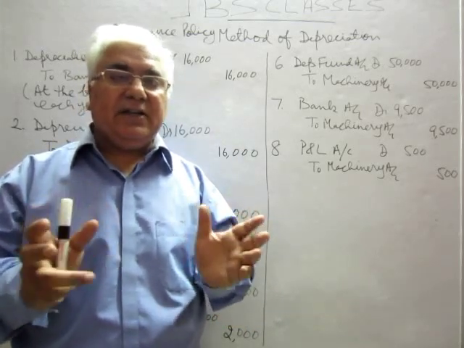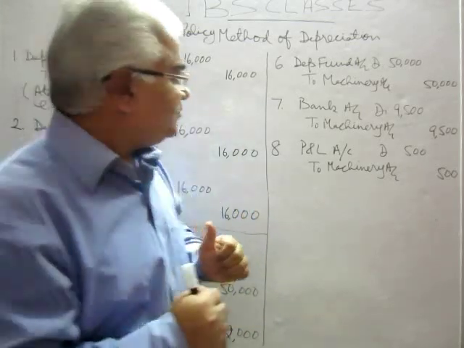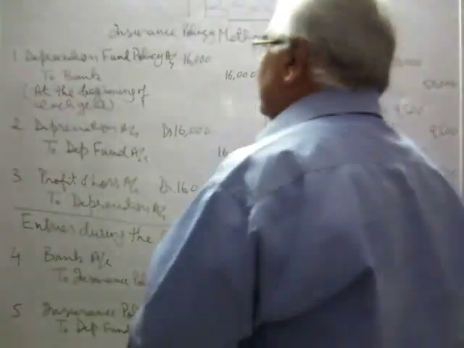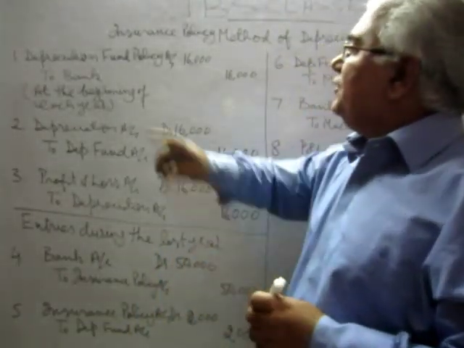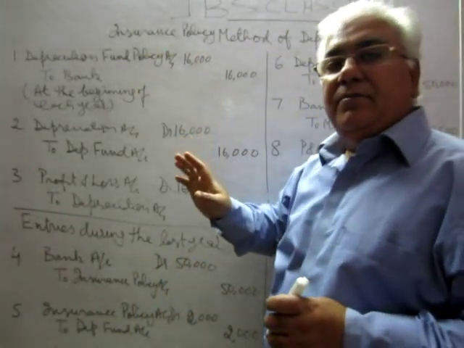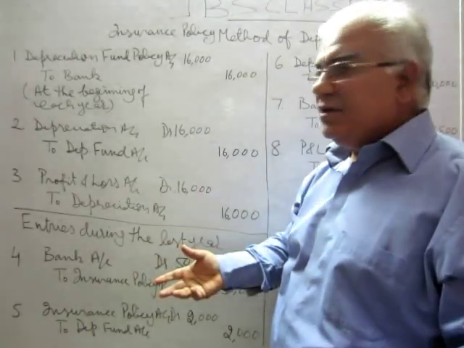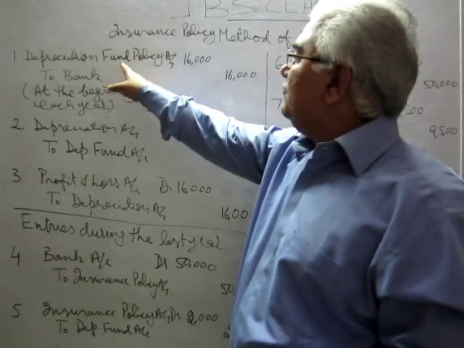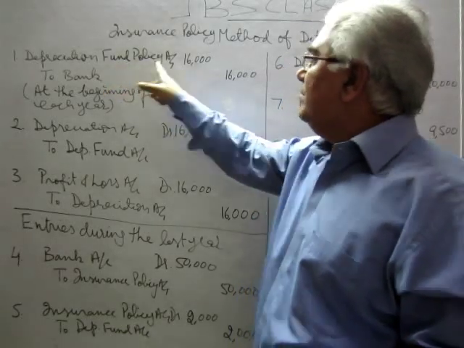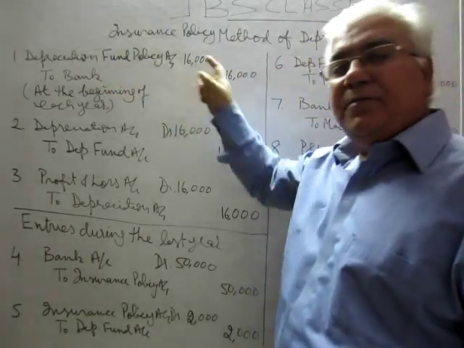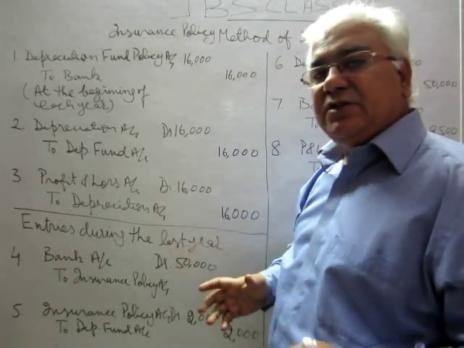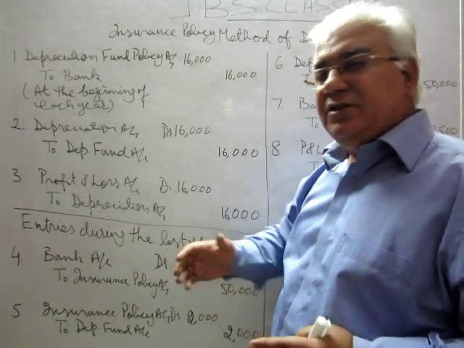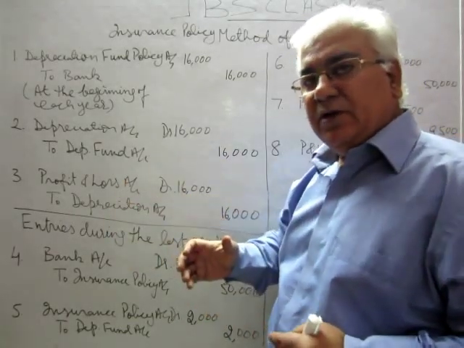Let us see how the entries are made in this system. First of all, at the beginning of each year, we pay premium for the insurance. Entry for that is depreciation fund policy account debit to bank. This is the amount of premium we have to pay to the insurance company, for which they will pay us the insured amount.